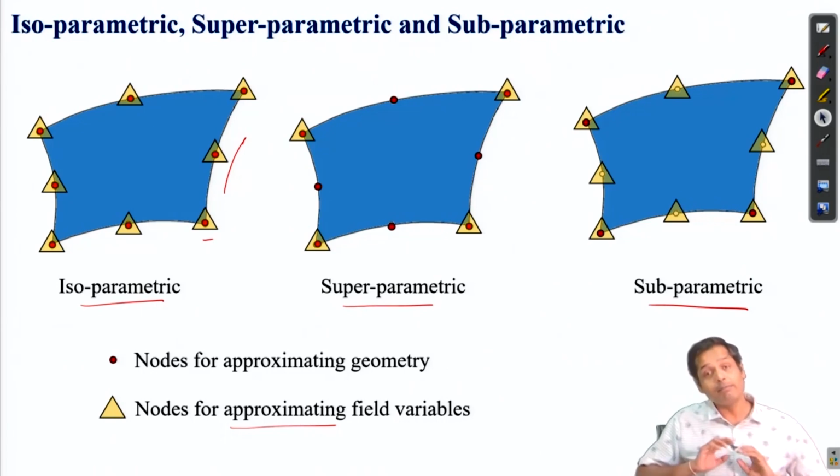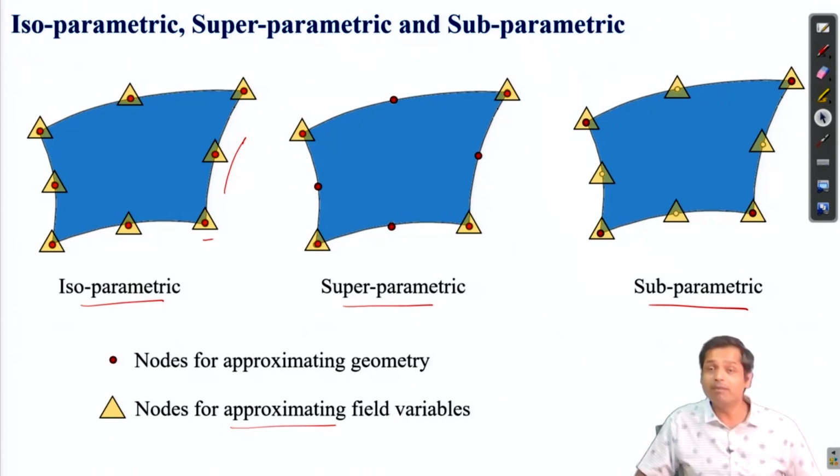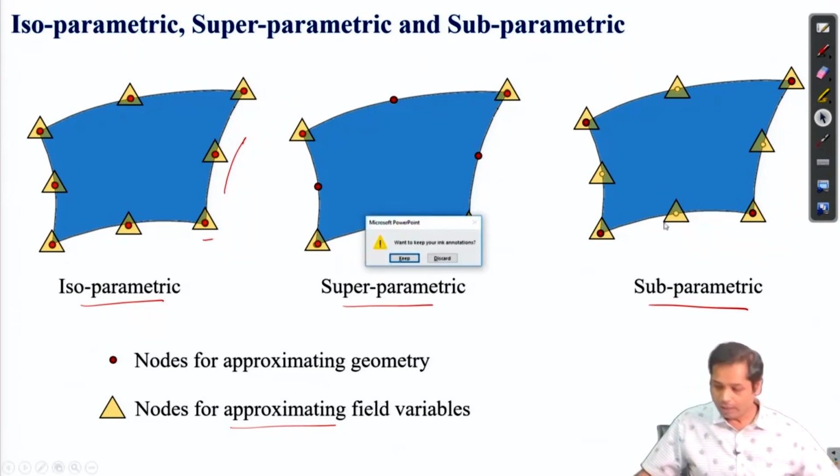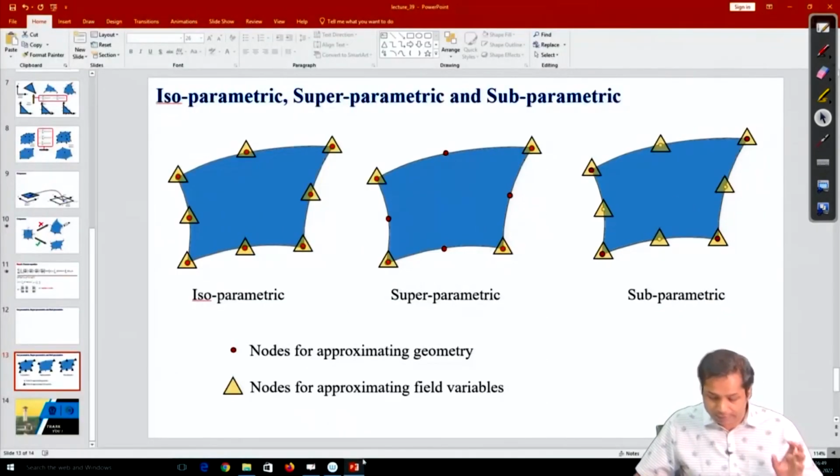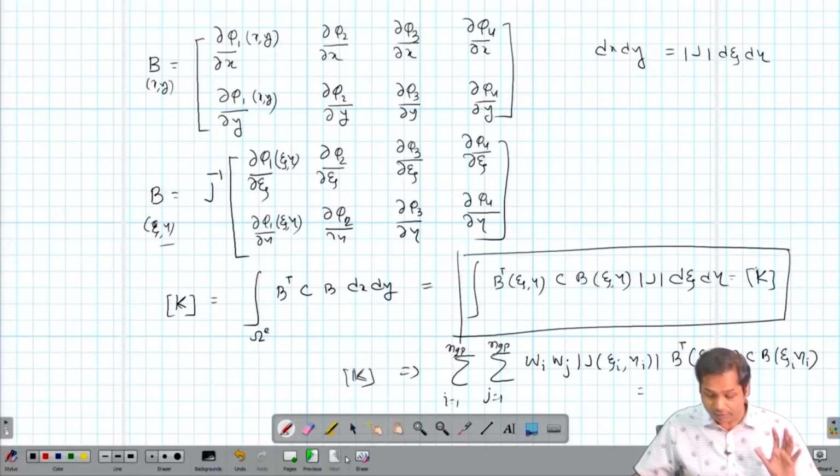So, whatever mapping we do, it is very important to check that this is not violated. Now, what we will do next is see whether it is violated or not. And first, let us see that. First we will see whether, because of this isoparametric formulation, the linear field is violated or not.